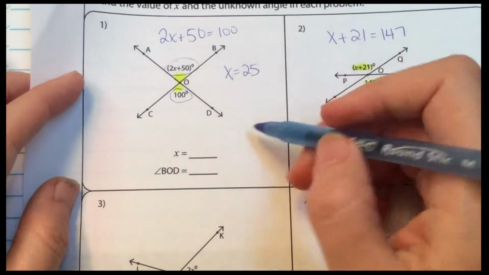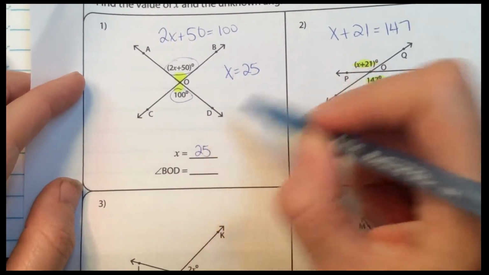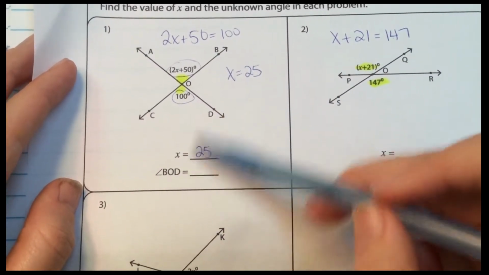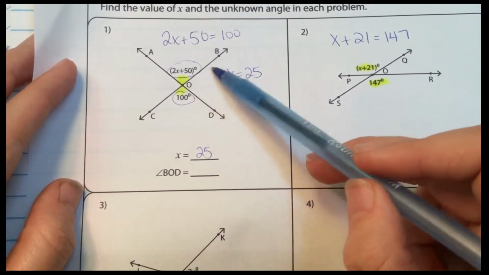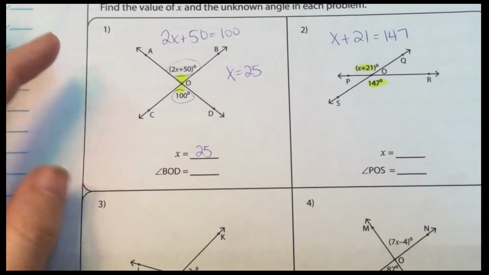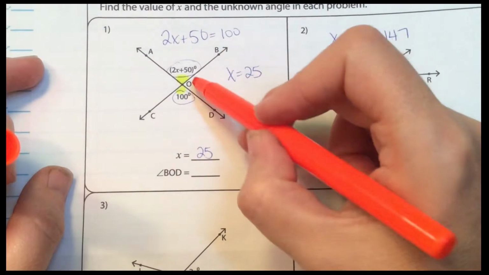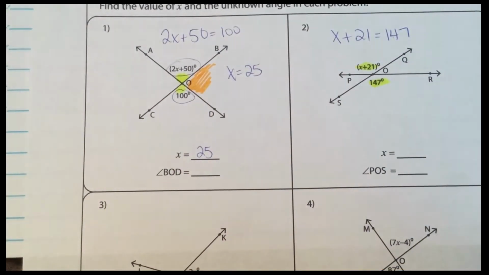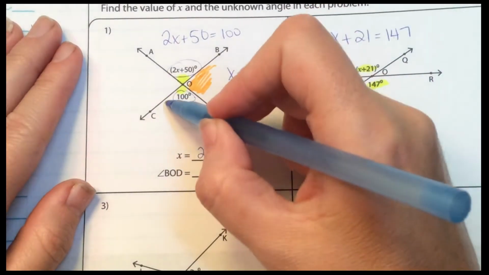But we didn't answer the question yet. It wants to know what the measure of angle BOD is. So this angle over here. Well, we don't even need to solve for x to find that because we're actually using these angles here.